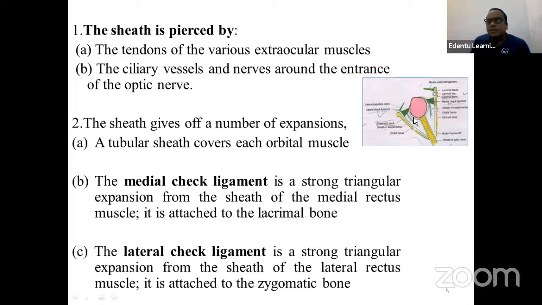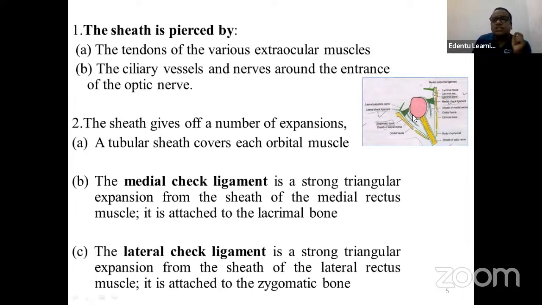Here the green protective covering, I told you, is called the sheath. In this sheath, a lot of extraocular muscles will be there: the four recti muscles, two oblique muscles, levator palpebrae superioris. All of them will be there in the sheath. Along with that, ciliary vessels will be there in the sheath.